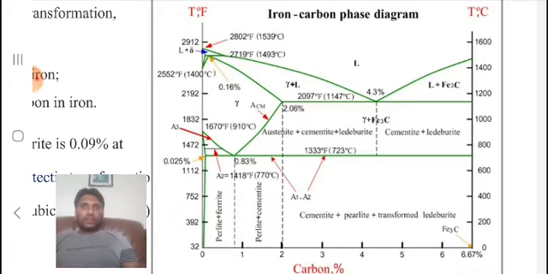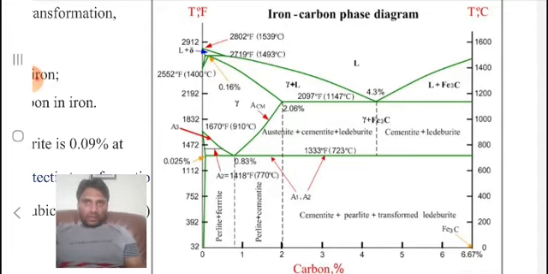The final structure will be pearlite plus cementite plus ledeburite. On the other side, whatever cementite is present is unchanged, and the ledeburite remains as it is, and you will have more cementite, which gives the metal high brittleness.